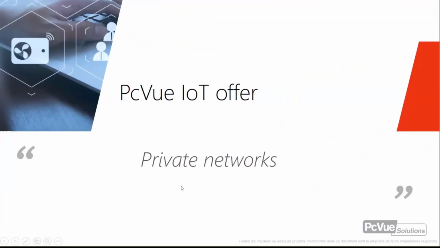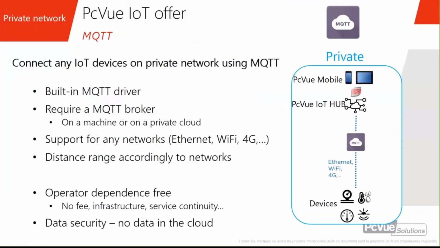So now if we focus a bit on the private network and what we can offer for it, we have the built-in MQTT driver available in the PcVue platform. Obviously, you need an MQTT broker.